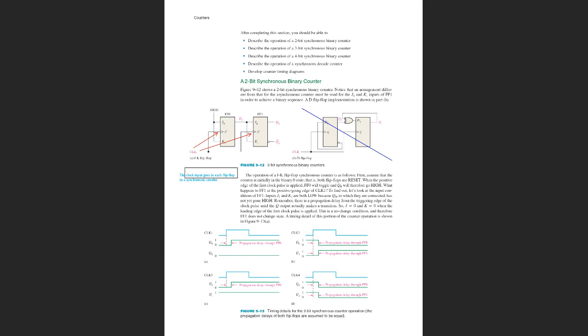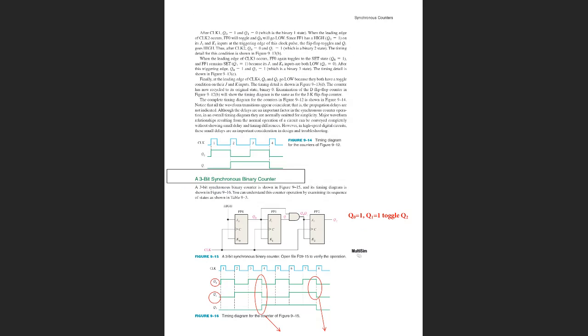So the clock input goes to each flip-flop in this synchronous counter. And still the delay is helping in acting correctly by this counter. Let's have a 3-bit synchronous binary counter.